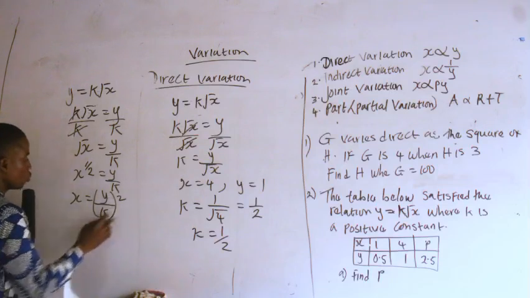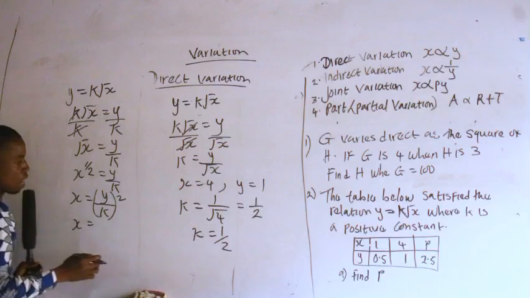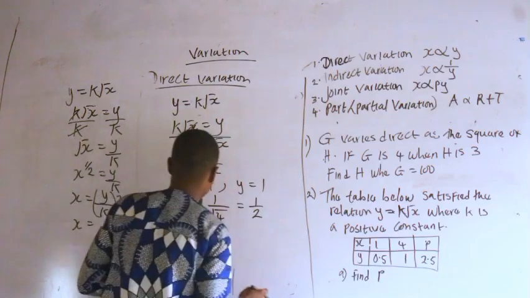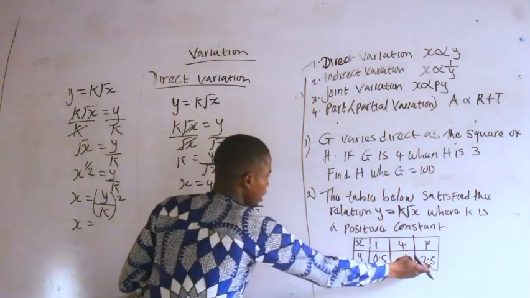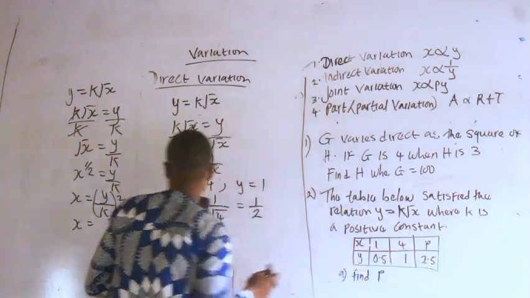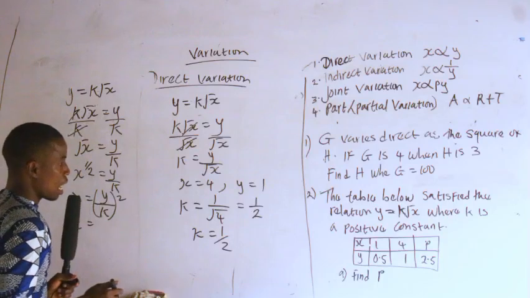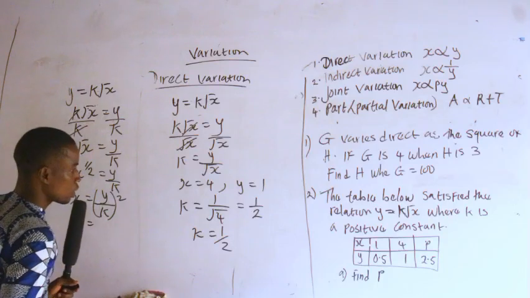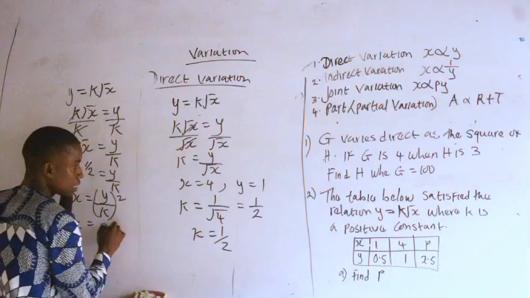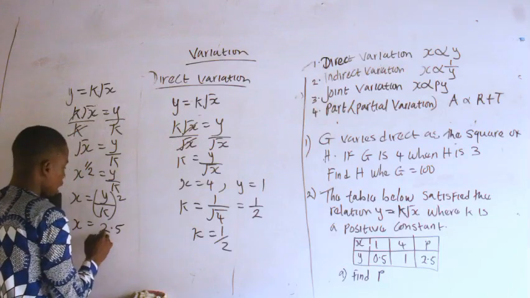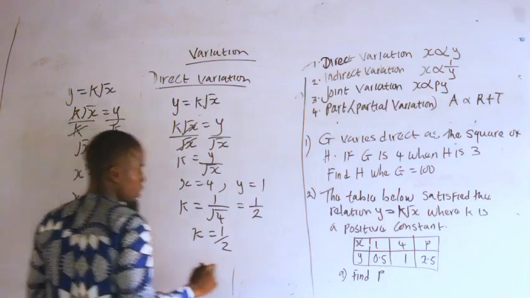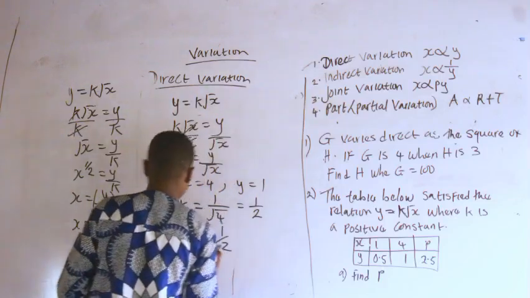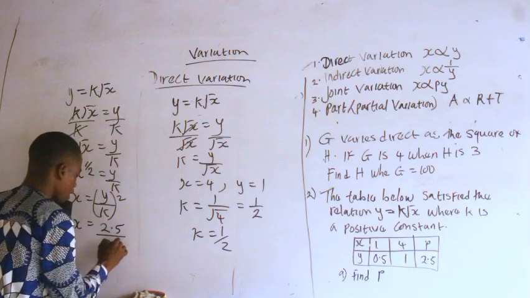And x equals, what is our y? Our y in this place is 2.5. And all over, what is our k? Our k is 0.5.